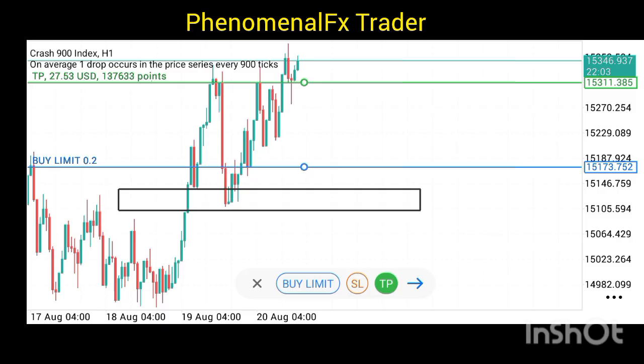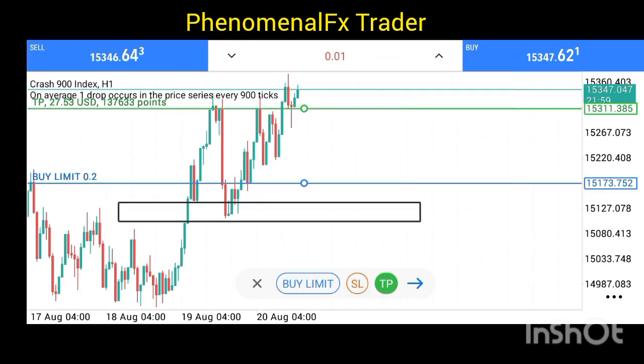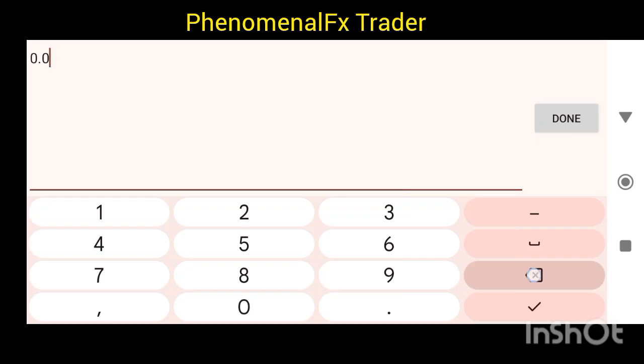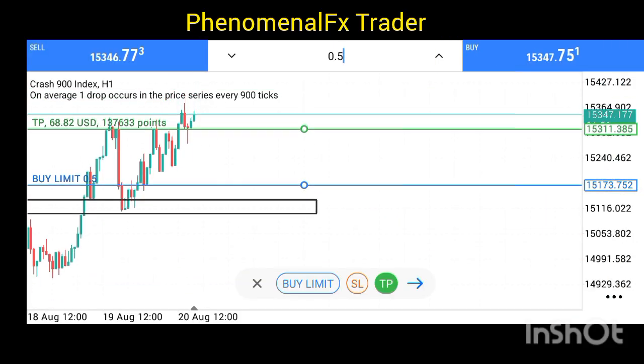The lot size I would have probably used is 0.5, because I've been using 0.5 on this pair lately. This is about $68 in profit, which I would have made. Very clean $68 profit, with one position. So if I was awake, I would have re-entered this trade and made some nice profit, guys.